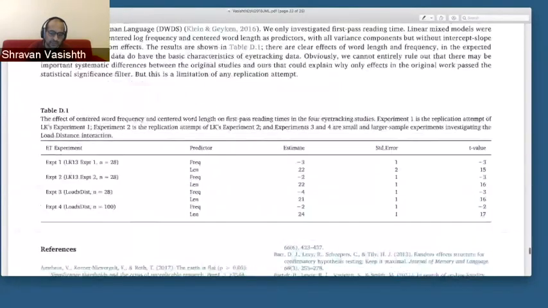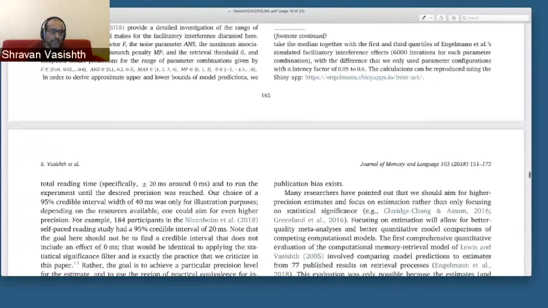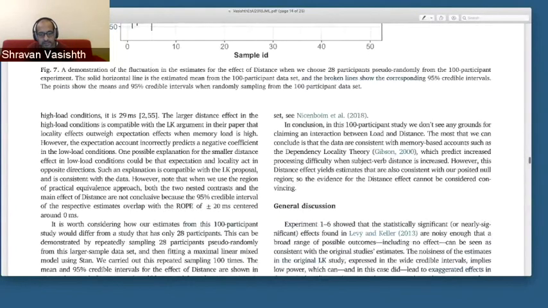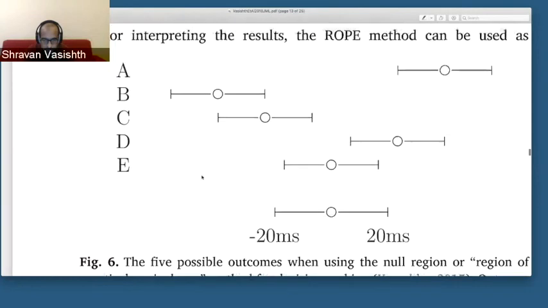So let me just get to something I want to show you. Here. This is how I do my model evaluation, right? This is the region of practical equivalence method. Can you see this? Yes. So let's say my model prediction is this region, or maybe my theory predicts this range of effects. What I'm going to do is run my experiment until I achieve a precision, that means a 95% confidence interval of width 40 milliseconds, okay?